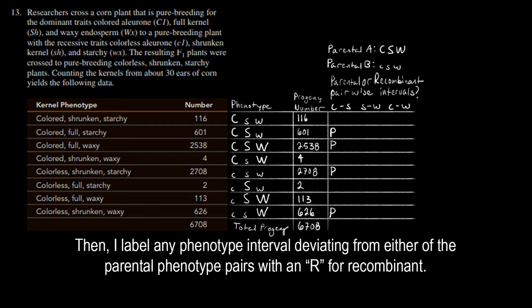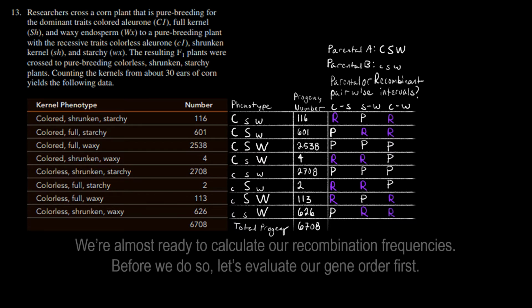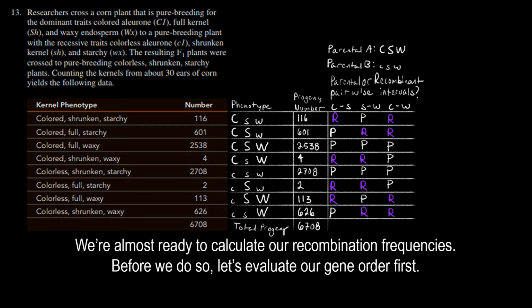Then, I label any phenotype interval deviating from either of the parental phenotype pairs with an R for recombinant. I repeat these steps for the next pairwise intervals, S and W, and C and W.